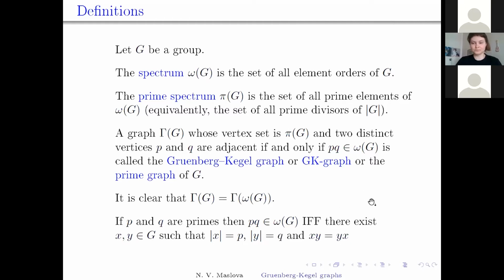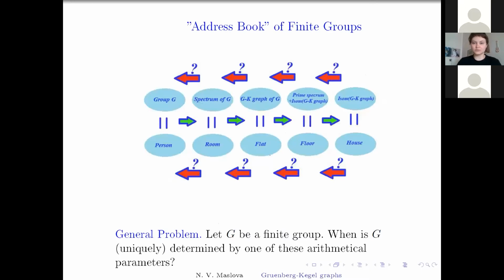So it's a rather interesting construction, and Peter has introduced that there are many applications of the Gruenberg-Kegel graph to understand the structure of other graphs defined on groups. In my talk, I will concentrate on the question of characterization of a finite group by some of its arithmetical parameters like the spectrum, the Gruenberg-Kegel graph, or just the isomorphism type of this Gruenberg-Kegel graph.